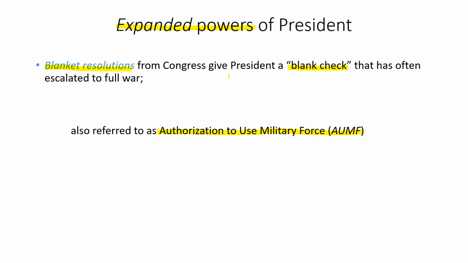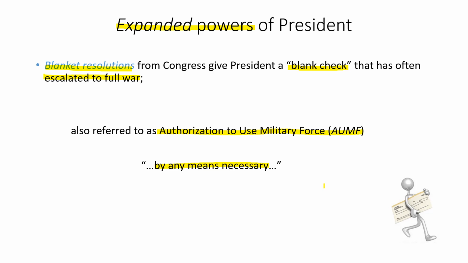And oftentimes the language in those authorizations actually says this: by any means necessary, take care of that problem. You have authorization to use military force to take care of that problem. And what we have seen is that these have most often escalated into a full war that was never declared. So that's how the expanded powers of the president have really made a difference.